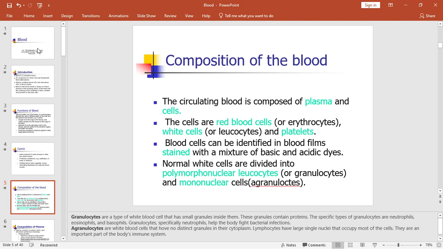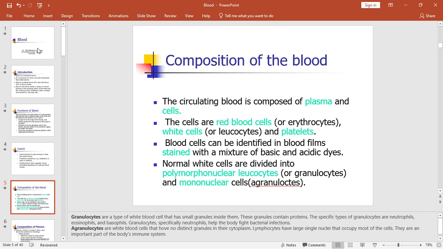So like we've already said, just to expand on it, blood is composed of a liquid part and a cellular part. We did say that the liquid part is called plasma, while the cellular part is made up of several types of cells, including the red blood cells, the white blood cells, and the platelets.